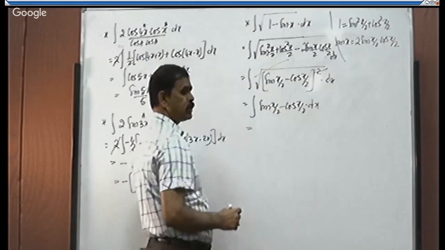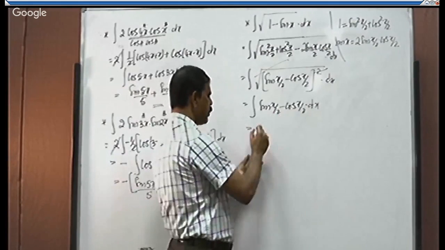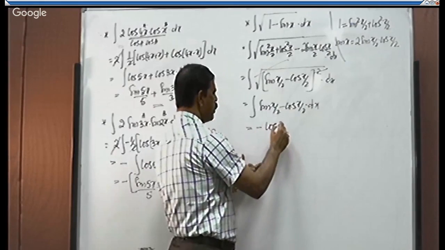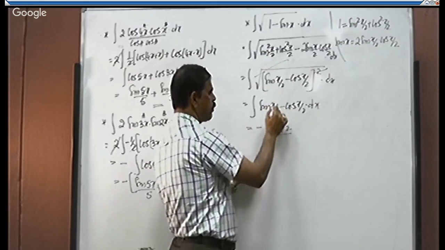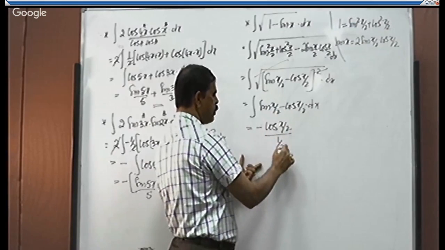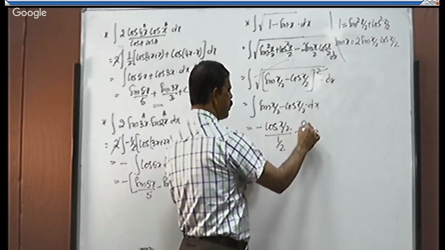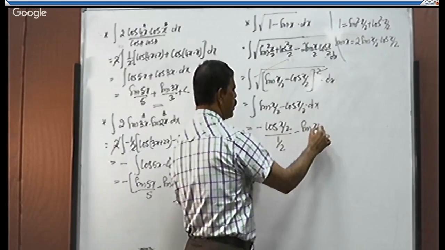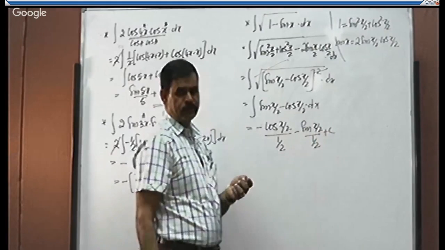Integration of sin ax plus b form is minus cos of x by 2 divided by the x coefficient, which is 1 by 2, minus integration of cos ax plus b, which is sin ax plus b divided by the x coefficient, that is 1 by 2.